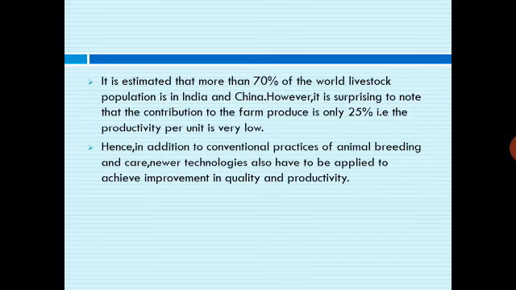Hence, in addition to conventional practices of animal breeding and care, newer technologies also have to be applied to achieve improvement in quality and productivity. So productivity should be increased.